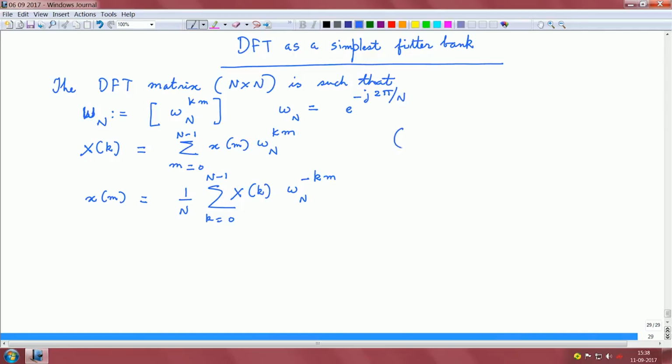So, this is our DFT, and this is our inverse discrete Fourier transform.